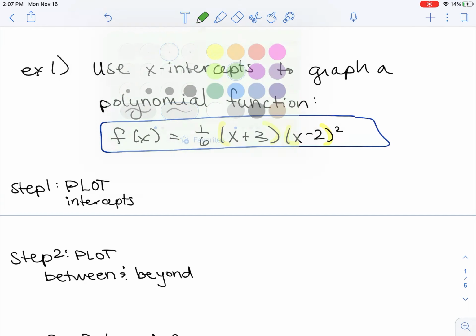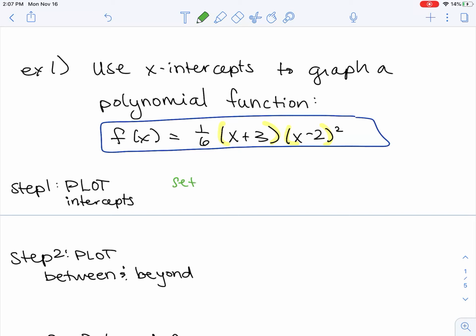In order to plot the intercepts, we would set each parentheses equal to 0. I see two different parentheses here, one at x plus 3, and another at x minus 2, but see this 2 right here? That 2 tells me that there's a multiplicity, which means it hits it more than once.